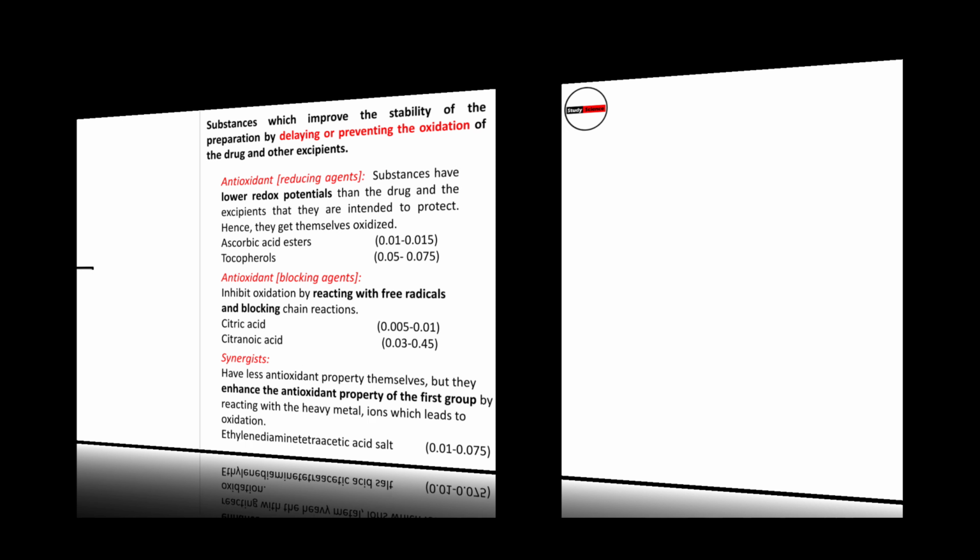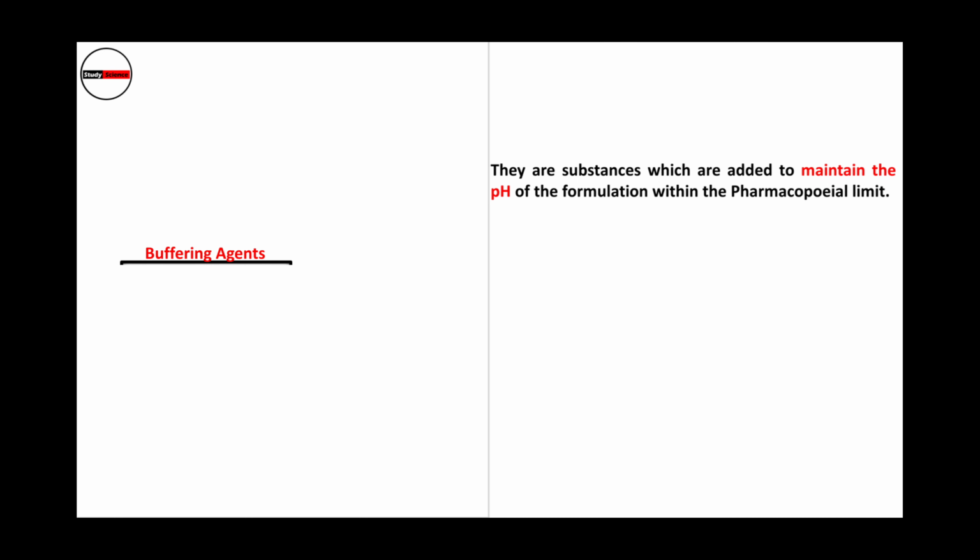The next additive is buffering agent. The buffering agents are used to maintain the pH of the formulation within the pharmacopoeial limit. The pH affects the stability of the drug and the stability of the excipients. So it is very important to maintain the pH of a formulation within the pharmacopoeial limit.